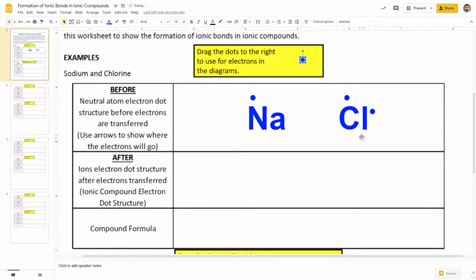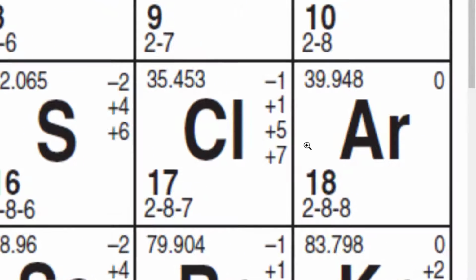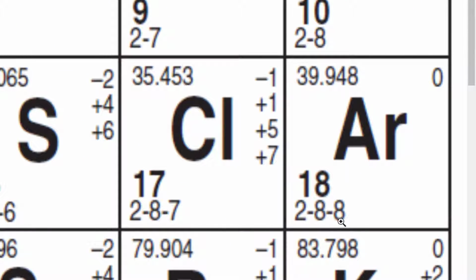Now, when these form ions, they are going to achieve the noble gas configuration, the closest noble gas configuration. For chlorine, that would be argon. It has 2, 8, 8. That means chlorine needs to gain one more electron to get that configuration.